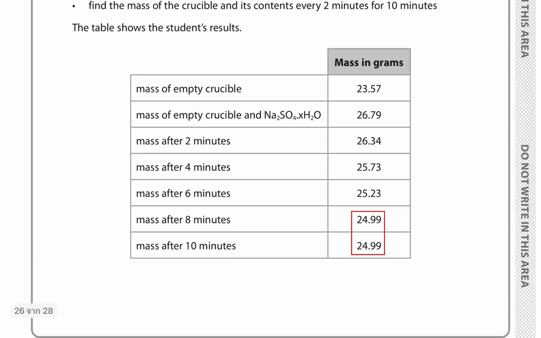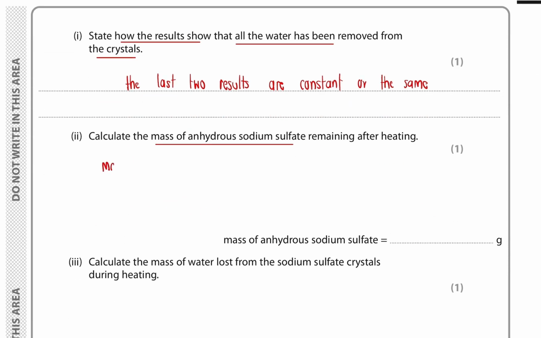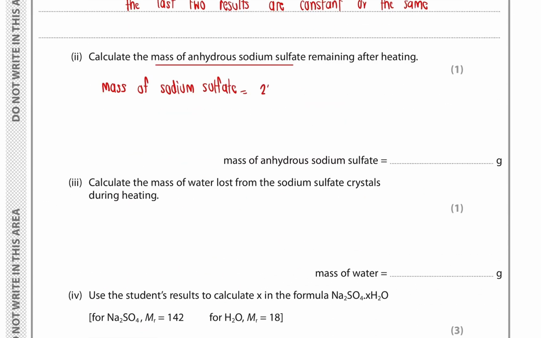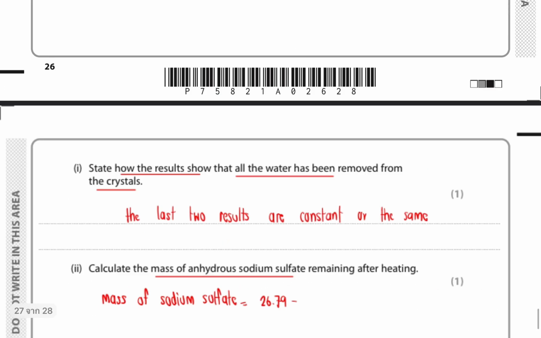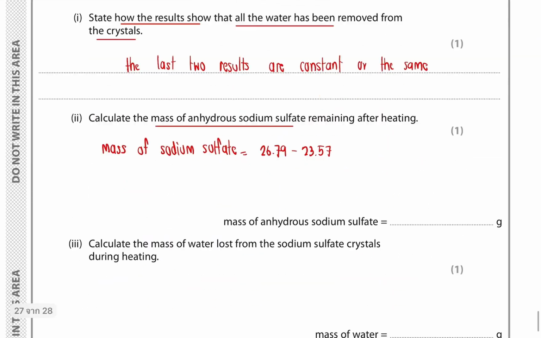Okay, so mass of sodium sulfate equal to 26.79 minus 23.57.